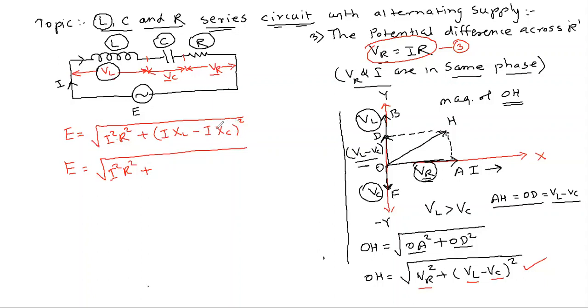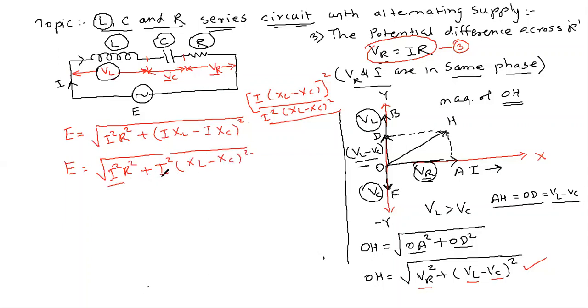The common is I square, because taking I common, I can write this as I into bracket XL minus XC and the square of this one. So this becomes I square into XL minus XC whole square.